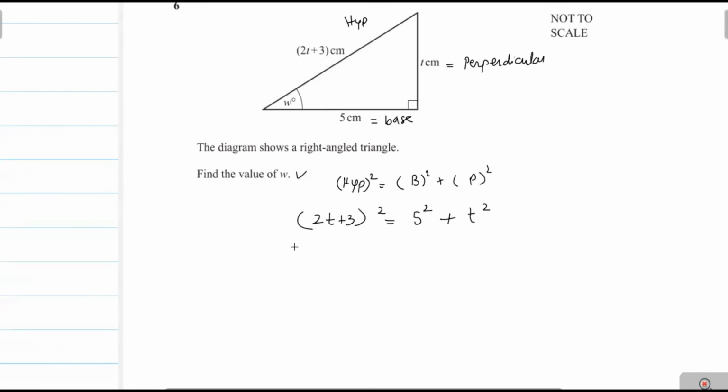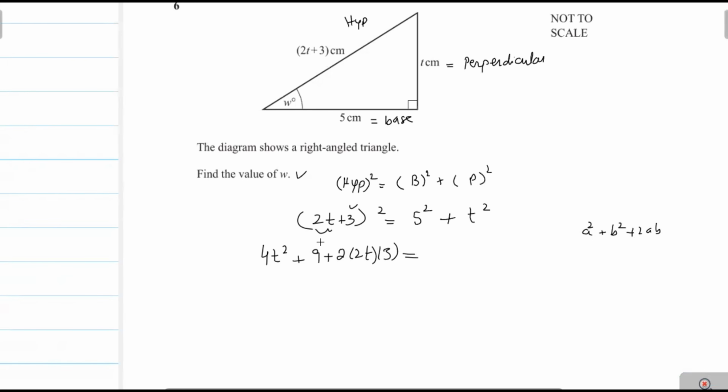This will be equal to 4a square plus, we use the identity a square plus b square plus 2ab. Here a square will be 2t square, it will be 4t square. And the second term b square is 9. And next is 2 times of 2t into 3.